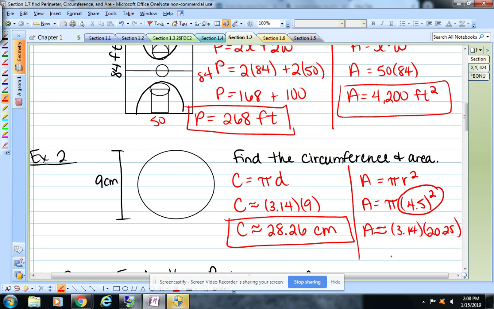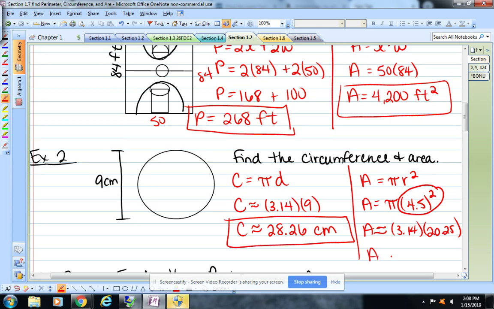And if you don't want to type in 3.14, there is a pi button on your calculator. If you hit second and then the rooftop button up above the division key, that's a pi. So if you type 20.25 and then hit that button, it multiplies it times pi. And it doesn't round as much as 3.14 does, so it's a little bit more accurate. Okay?